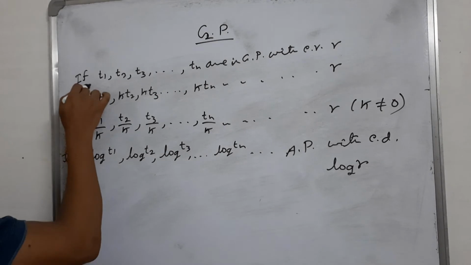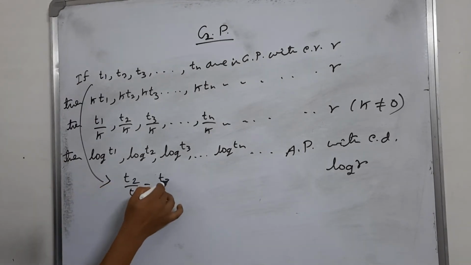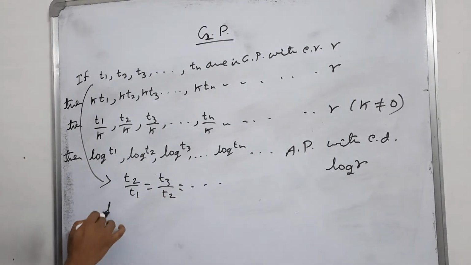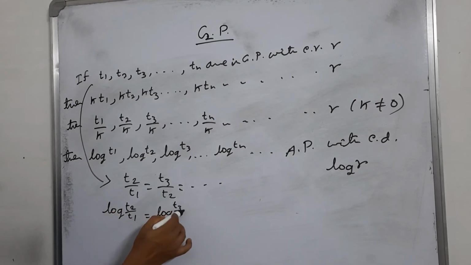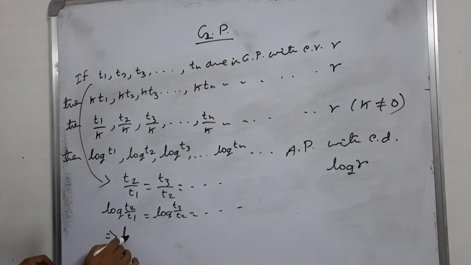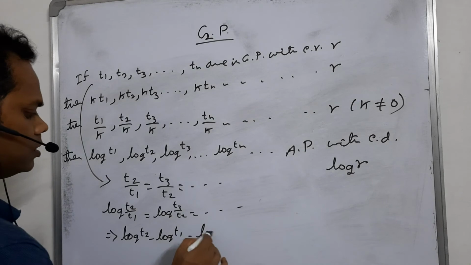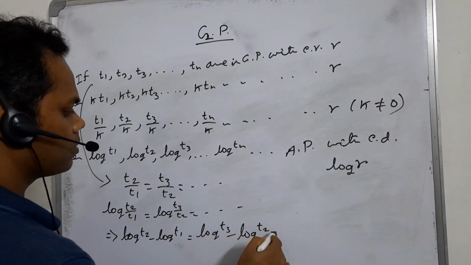Because from this part we can see that T2 by T1 equals T3 by T2 and so on. Taking log on both sides, we get log T2 by T1, log T3 by T2 and so on. So log T2 minus log T1, log T3 minus log T2 and so on.